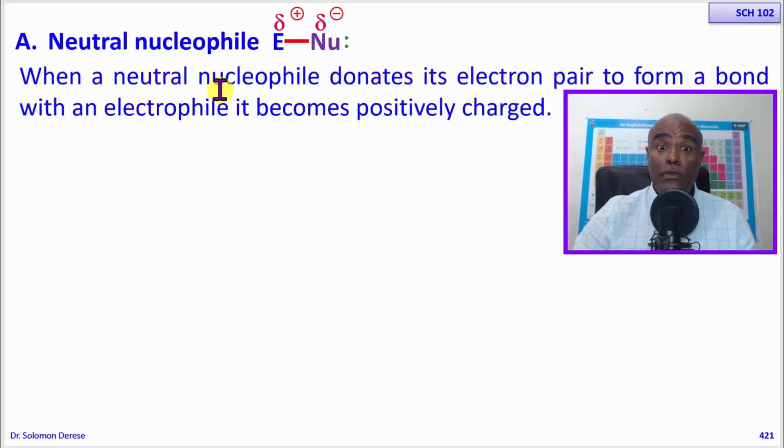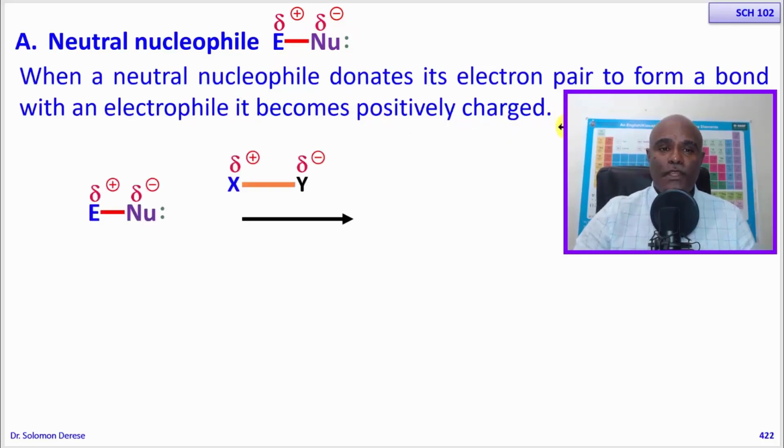When a neutral nucleophile like this donates its electron pair to form a bond with an electrophile, the nucleophile becomes positively charged. Why? This is a neutral nucleophile reacting with an electrophile.